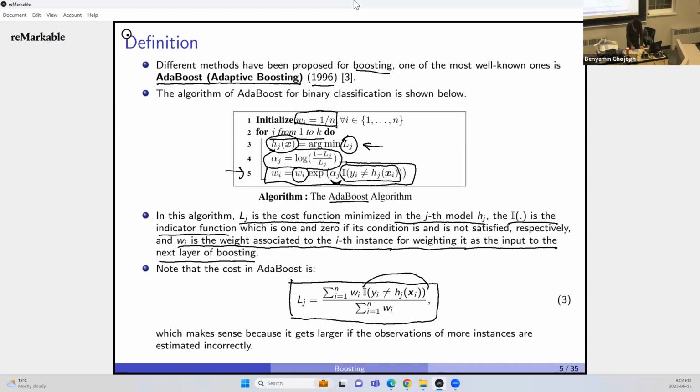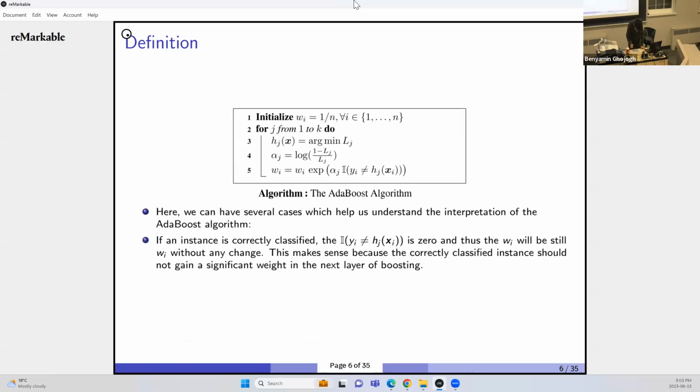This is a numerator, but with some weight, right? If I classify all of the points correctly, this Lj becomes 0. The more misclassification I have, the bigger the Lj becomes. Therefore, it's a good loss function. I want to minimize that because I want it to become 0. It means that I have classified all of the points by the model j correctly.